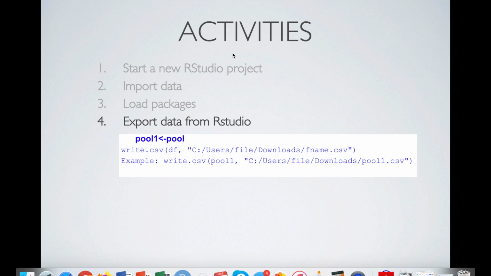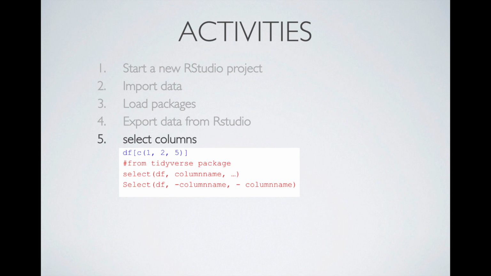Let's look at our next activity, how do we select columns. You can select columns a couple of ways. The native R command is using your data frame, using the square bracket to define the columns signified by c, and use the index, first column, second column, fifth column, that's indicated here.